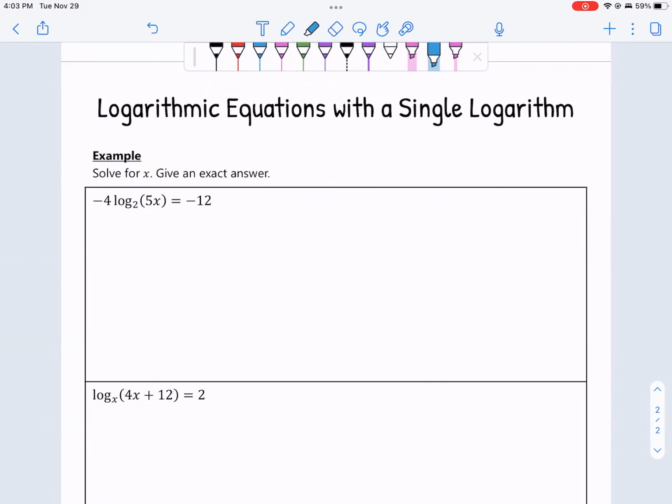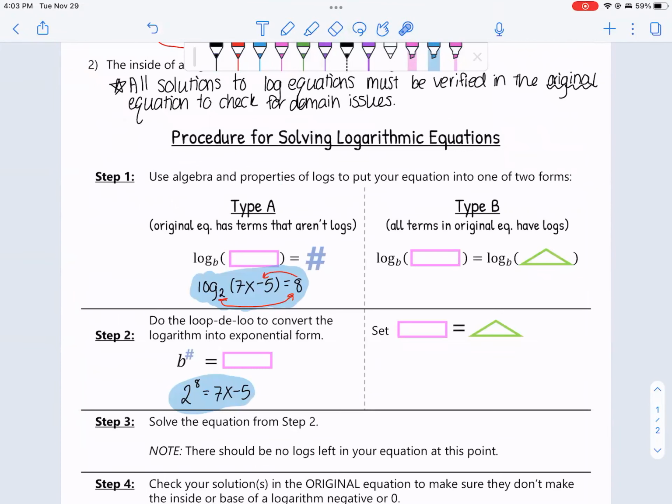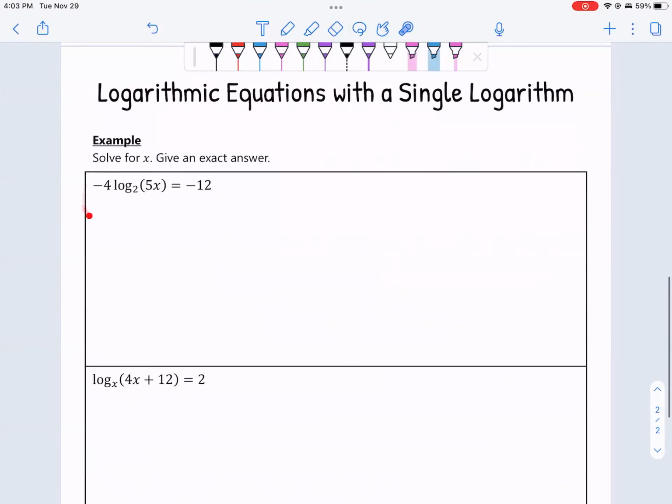Solve for x, give an exact answer. My goal is to get this to be logarithm equals a number. That's the whole point of type A. We need to use algebra oftentimes to get it into that form. If you'll notice here, this -4 in front is going to be an issue. Now, you could take this -4 and bring it up as an exponent, but let me tell you, that is going to make your life way harder.